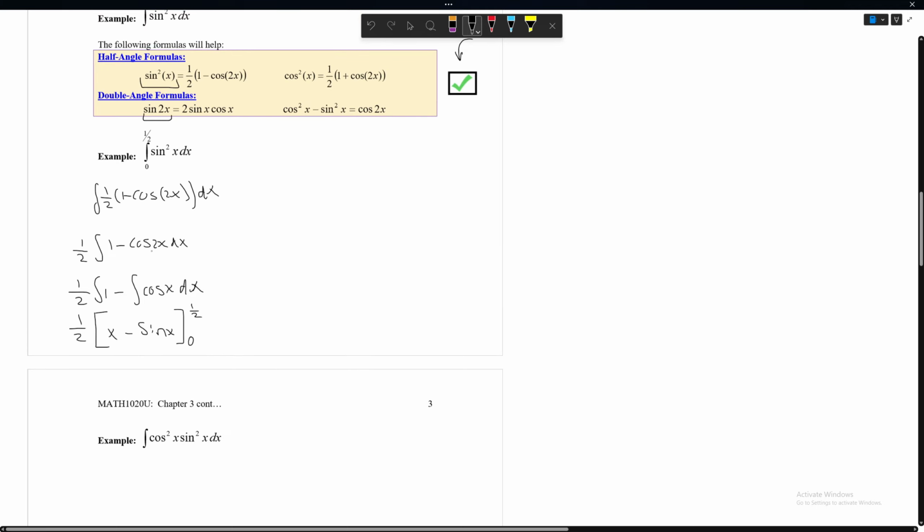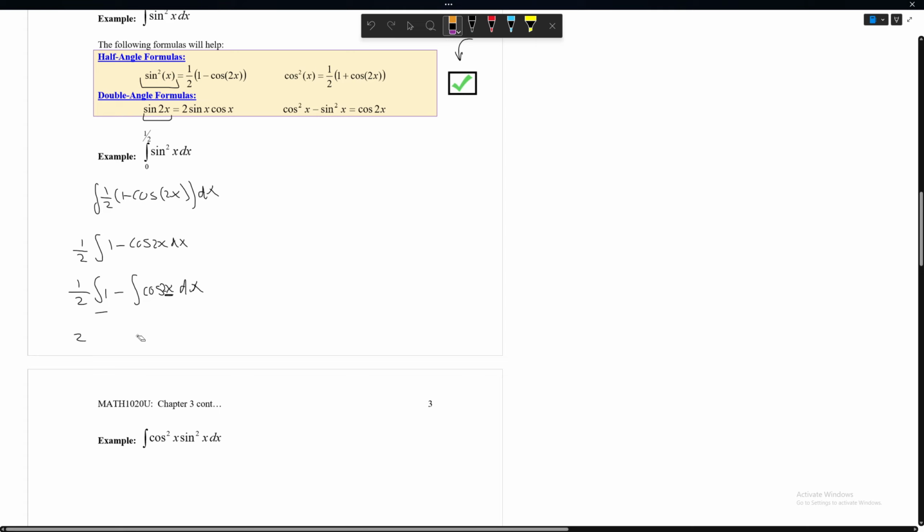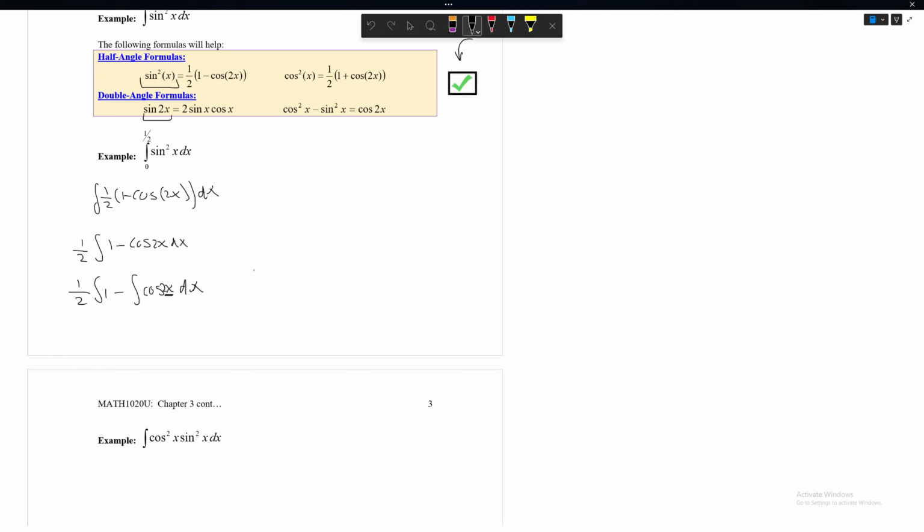Oh, I did forget one part, my 2 here. So when you integrate cos of 2x, you want to divide by the derivative of the inside. So I can fix my mistake here real quick. So you see when I go from here, I get 1/2.